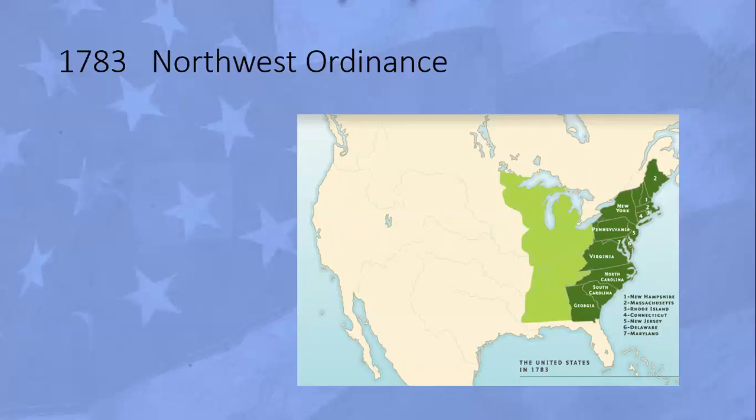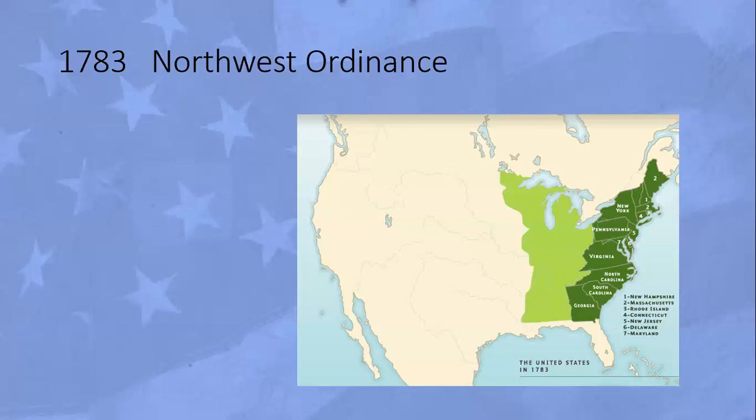So when the population of the territory reaches a certain specific number, that is given in the ordinance, and that coincides then with the state that will have the lowest population at the time.